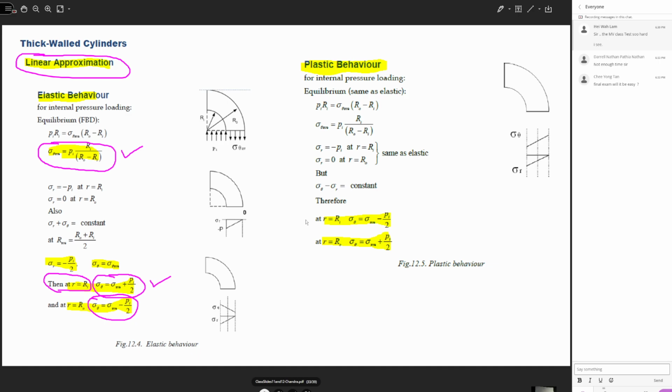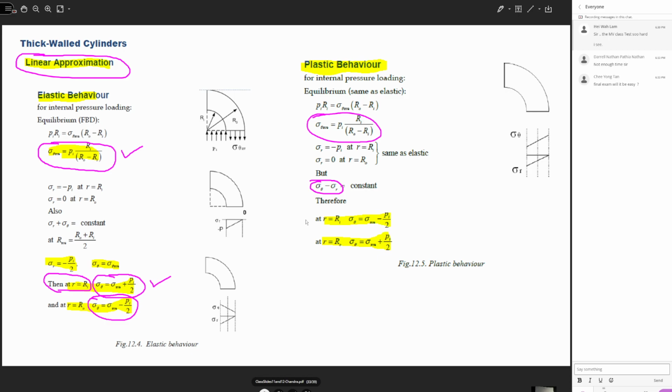Then for plastic behavior, you can have the same thing. The average stress will be the same. Then sigma theta minus sigma r is your shear stress.